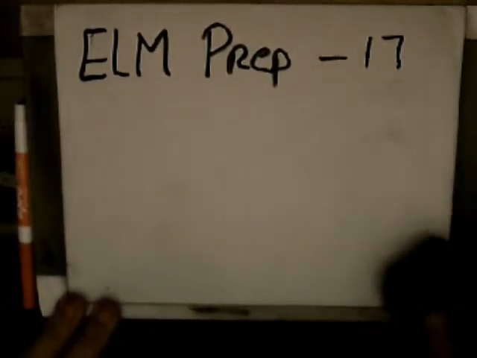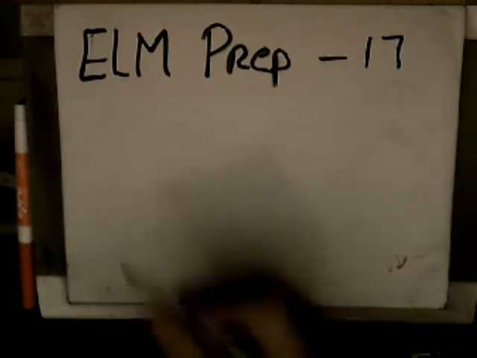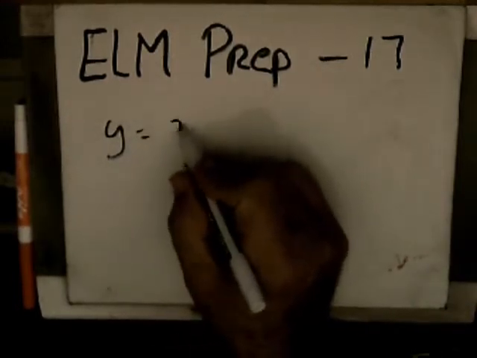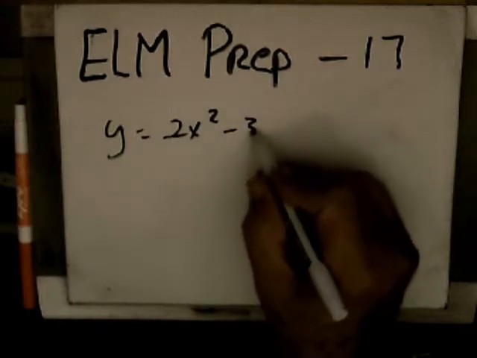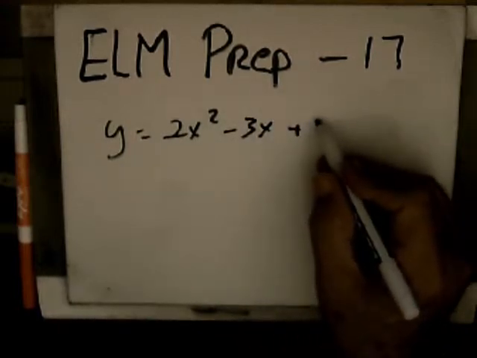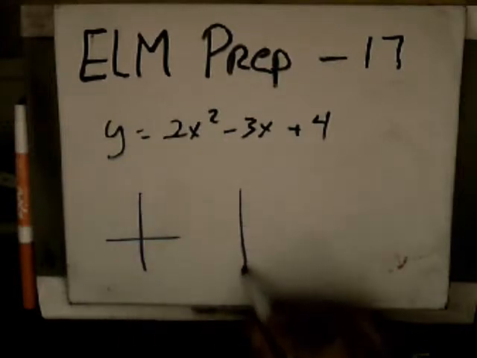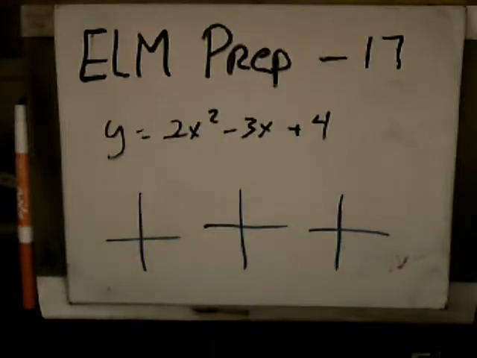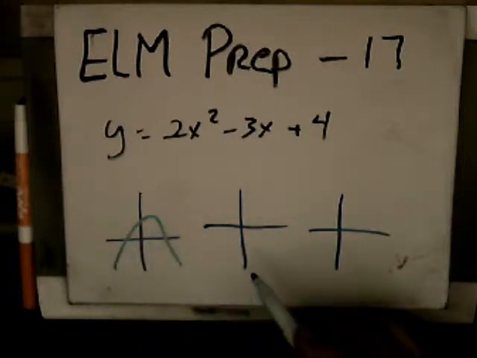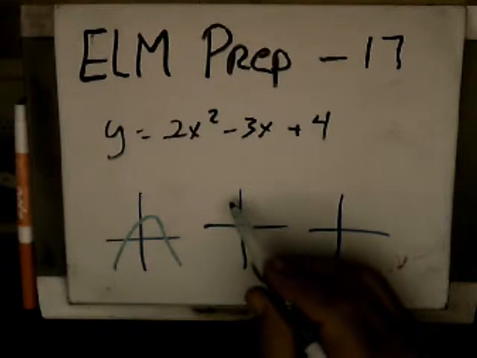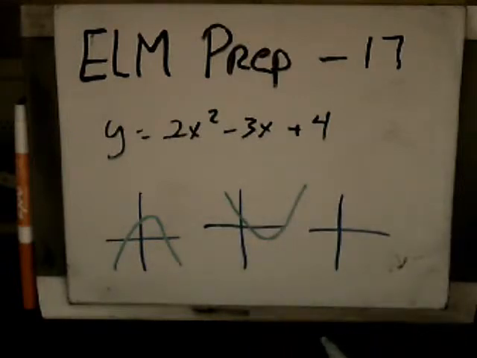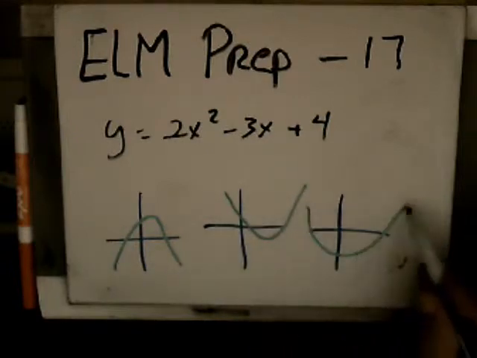All right, let's say I have a little more complicated equation. Y equals 2x squared minus 3x plus 4. Okay, so they give me some graphs again. And they give me a graph like this, and they give me a graph like this, and maybe they give me a graph like this.